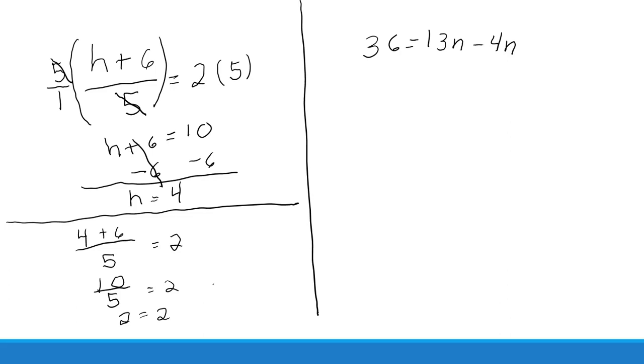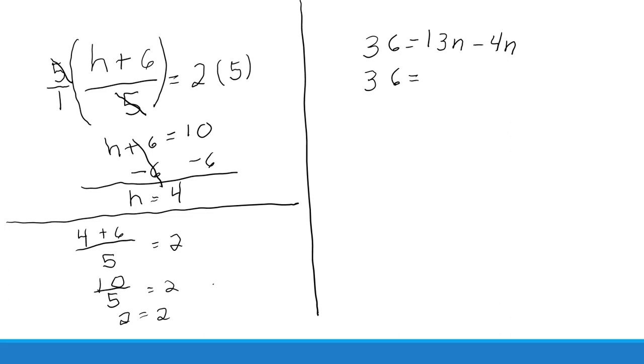On the problem on the right, we have 36 equals 13n minus 4n. In this problem, I'm going to bring the 36 down because there's nothing to combine it with. And I'm going to combine my 13n and negative 4n.